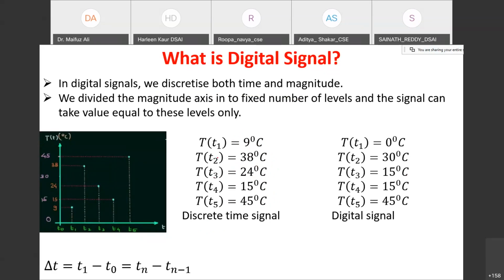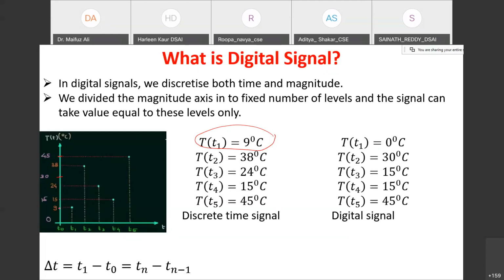But Sir, what if you divided the whole temperature range in 15 degree differences: 15 degree, 30 degree, 45 degree. At T1 the temperature is 9 degree, but if you discretize the temperature like 15, 30, 45, T1 will be 0 degree, because you are taking the lowest value.